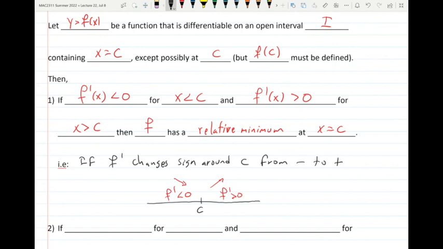Okay, if that happens, then f of c is a relative minimum. That's basically what we're saying here.